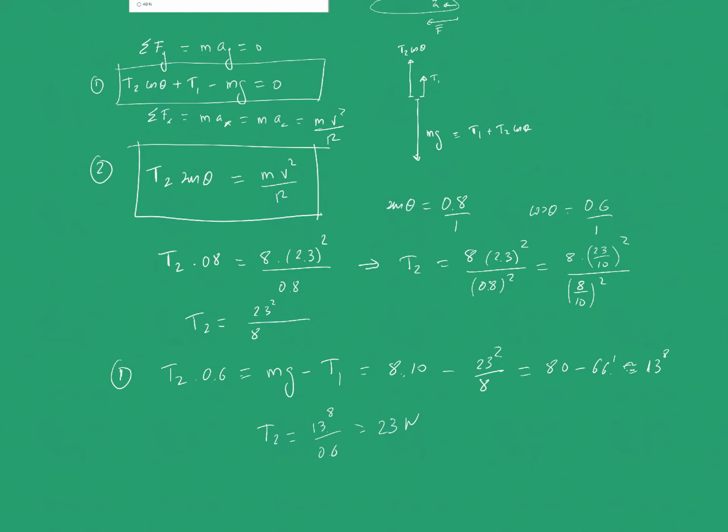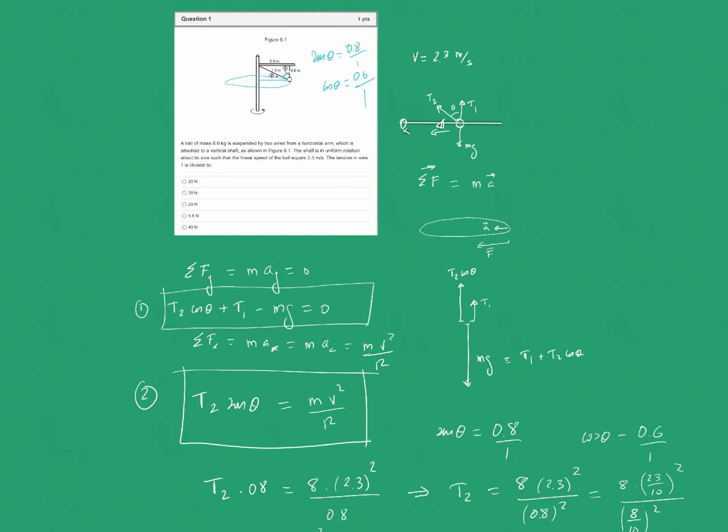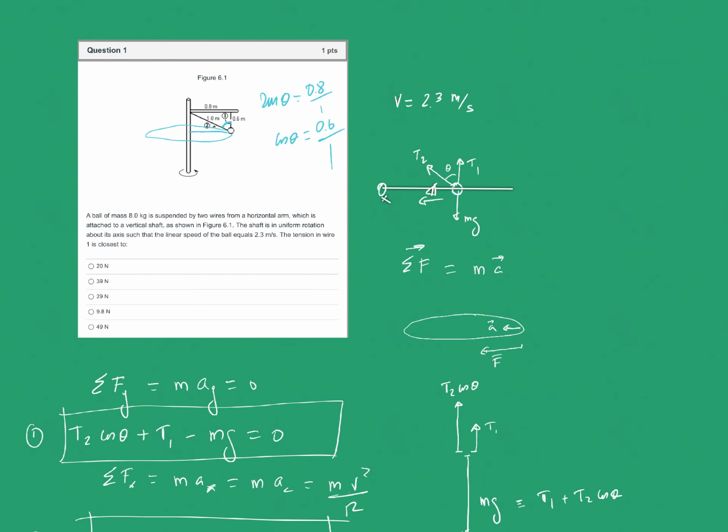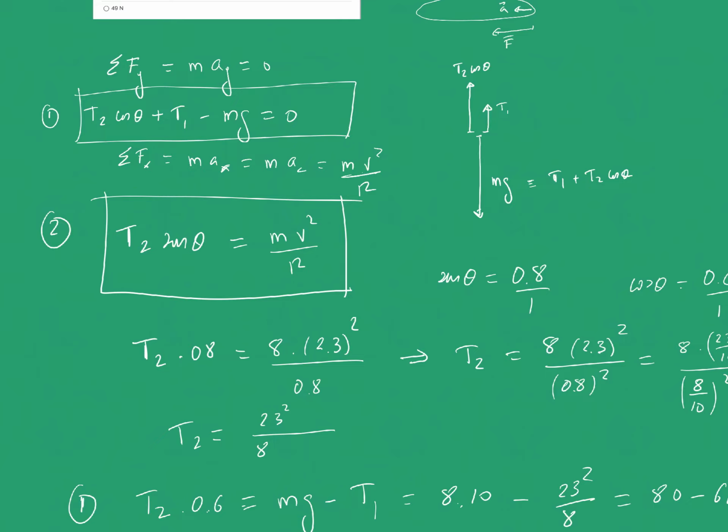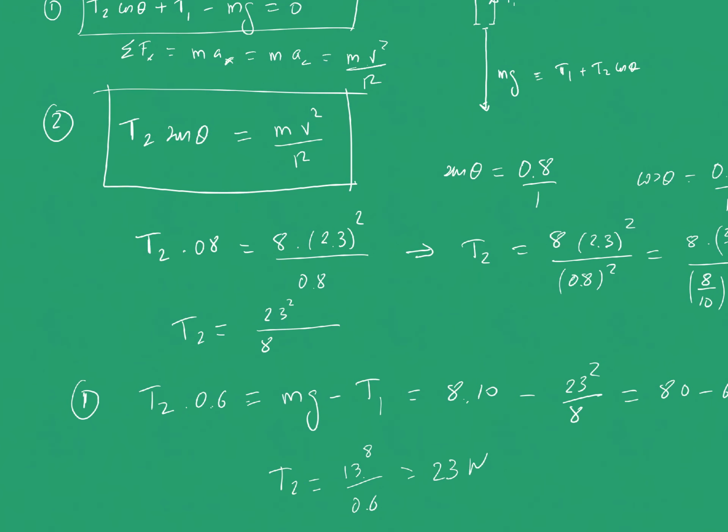The radius of rotation is 0.8. See the picture here, the radius of rotation is this, and this is 0.8. You see clearly? Okay, now you plug in numbers, and you find T2.